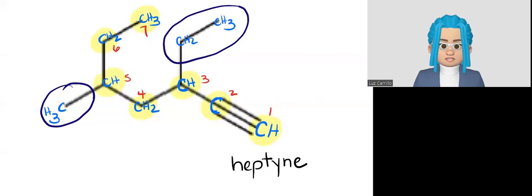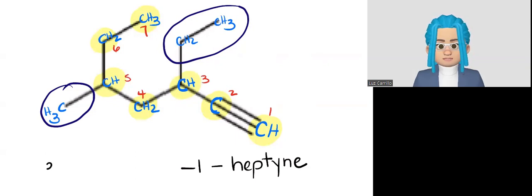The first carbon in our carbon-carbon triple bond is position 1. And then since these substituents are different from one another, we have to put them in alphabetical order. Let's not forget the rules for when we have different substituents in an alkyne, or in general for when you have them in a hydrocarbon.